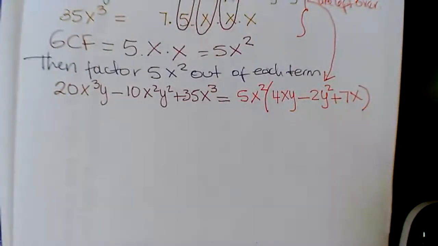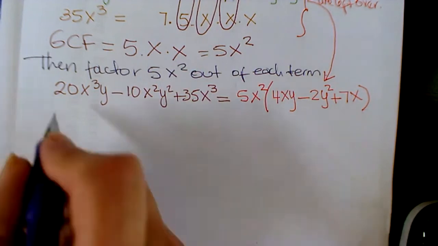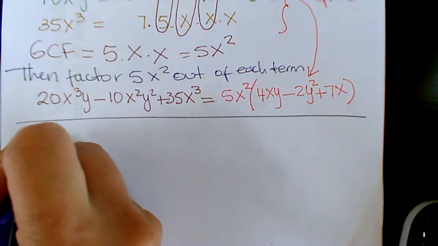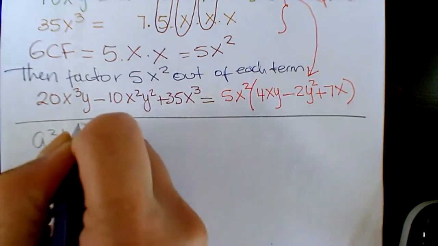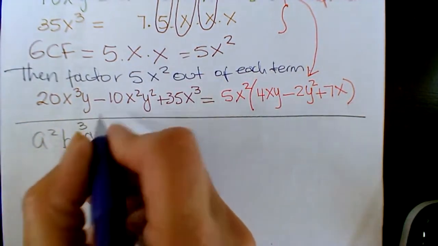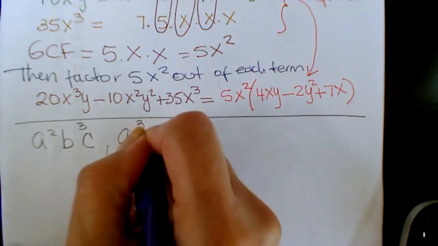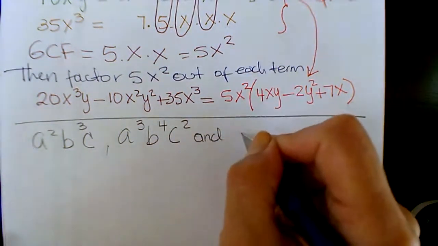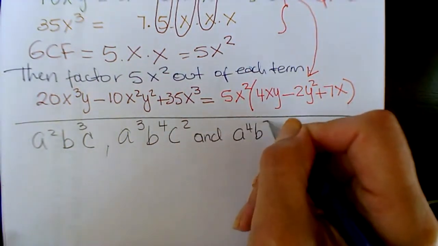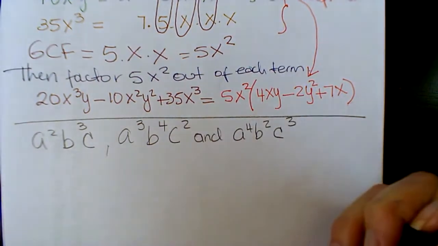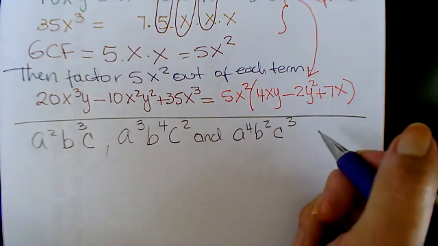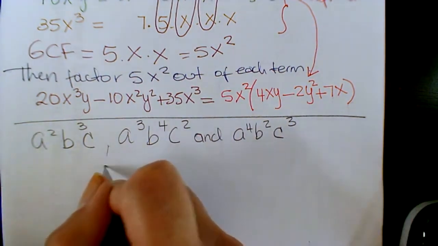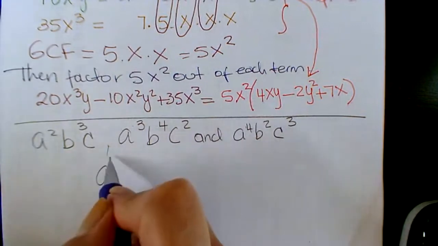For example, if we have a squared b to the third c and a to the fourth b to the second, find the greatest common factor. We know right away that for a it's the lowest one, the second power.